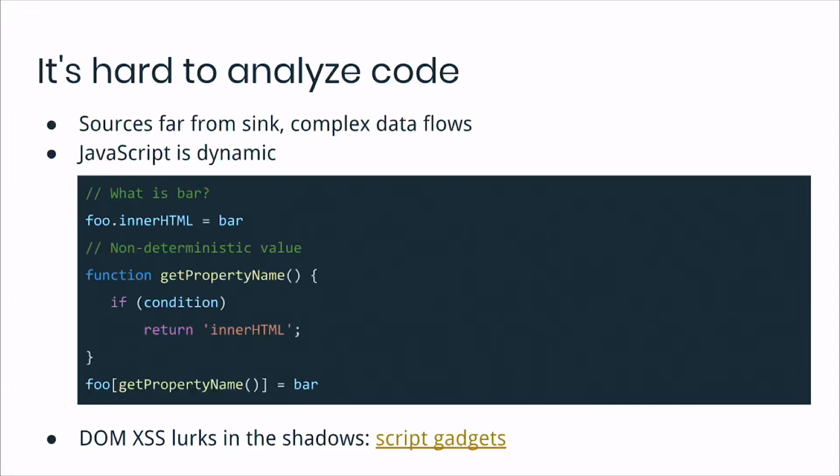Therefore, to find out whether you actually have a vulnerability, you usually need to start from a sink and then go up the chain, analyzing the program and seeing whether the sink was assigned something that was user controllable, right? Whether there was a link between the source and the sink. And that gets hard because JavaScript is a dynamic language. It's not something that you can analyze statically very easily. There are projects around that, and there are subsets of JavaScript that allow you for that, but this is not very practical or widely adopted.